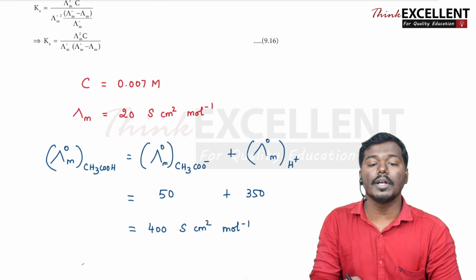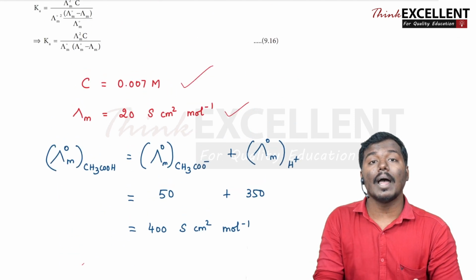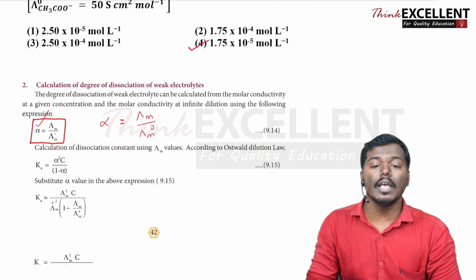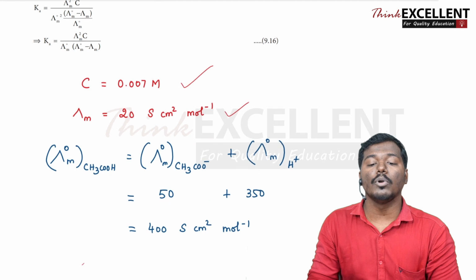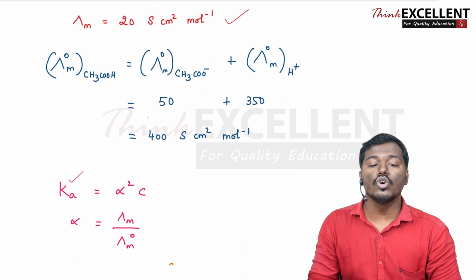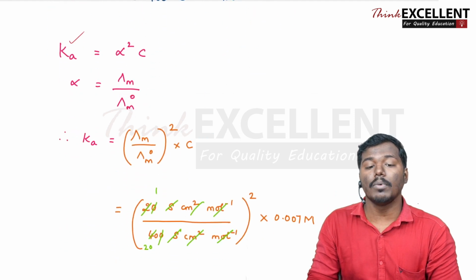So அப்போ நம்மளுக்கு concentration C கொடுத்துட்டாங்க, lambda m கொடுத்துட்டாங்க. So lambda m naught தான் நம்மளுக்கு கண்டுபிடிக்கணும். So அதுக்கும் அந்த ions உடைய அந்த lambda m naught கொடுத்துட்டாங்க, that is the cation as well as the anion. So when you add both the lambda m naught values, you will get the lambda m naught of the acetic acid. And the alpha value, degree of dissociation, when you find out, that is the formula is lambda m by lambda m naught.